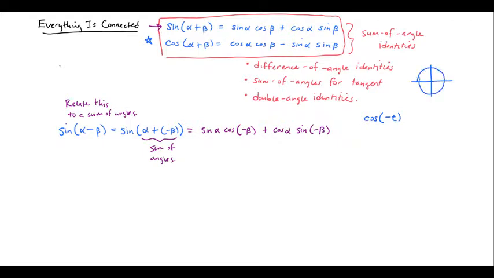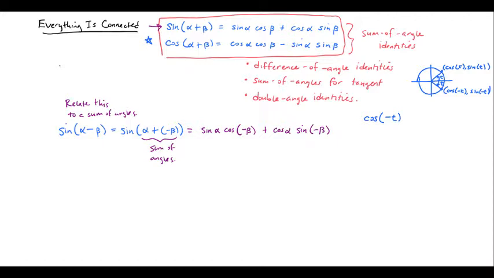Cosine of negative t, well, negative t means I go t radians clockwise and wind up somewhere down here. So the x-coordinate at this point would be cosine of negative t. The y-coordinate would be sine of negative t. That's going to be important later. Okay, so that's if I go t radians this way. Well, if I go t radians the other way, counterclockwise, then the point that I reach on the unit circle is cosine of t, sine of t.